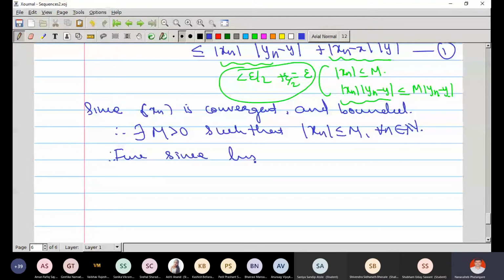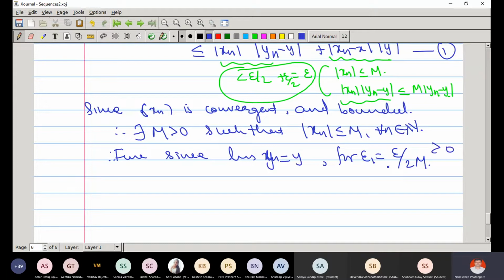since limit of yn is y, take epsilon 1 equal to epsilon upon 2m. Is this a positive number? Does this make sense? Yes, sir. Because epsilon is already given, and we found m in the previous stage, so epsilon upon 2m is certainly a positive number.